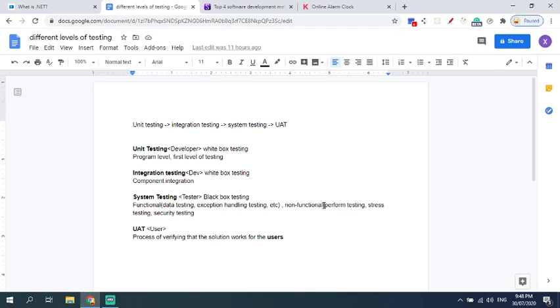So the first testing level is unit testing, and unit testing is always implemented by developers. And it is a white box testing. What is a white box testing?